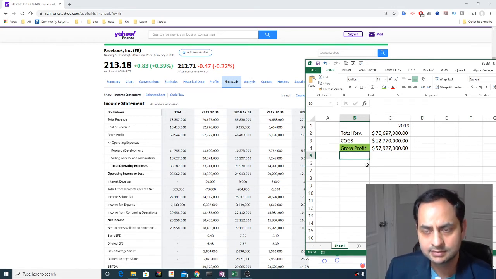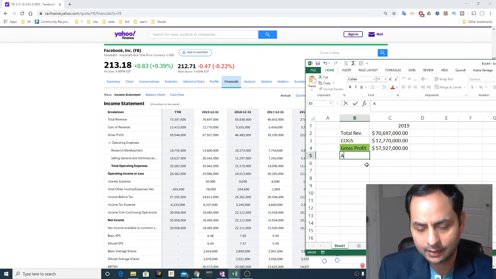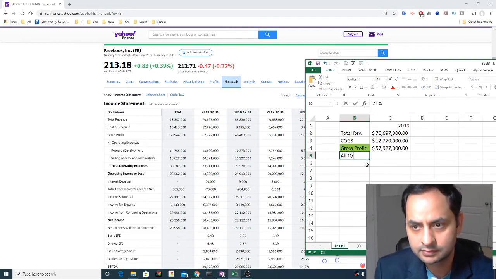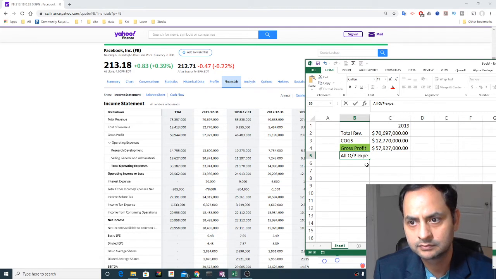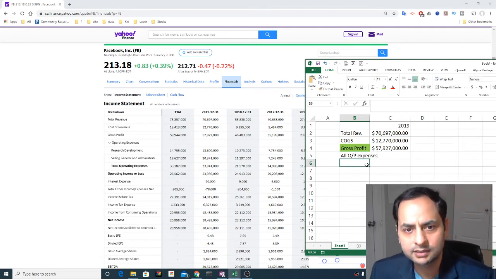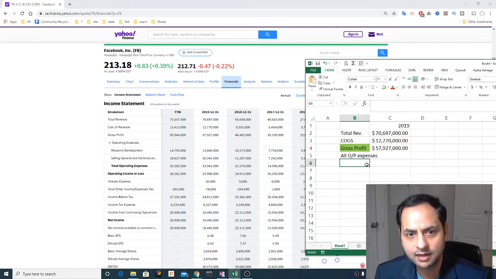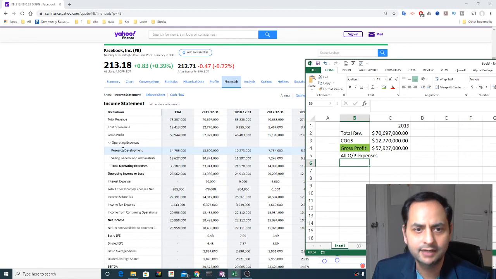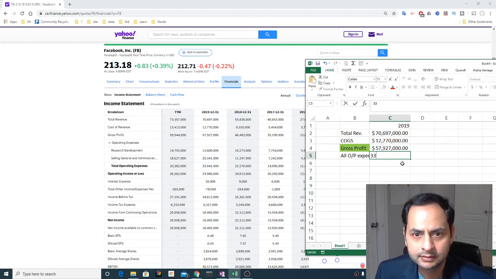The next is, from the gross profit, all operating expenses, which include salaries, administrators, utilities, lights, everything which comes under selling, general and administration expenses. They also have to do some research, so they have research and development here. The total expense shows 33,941.